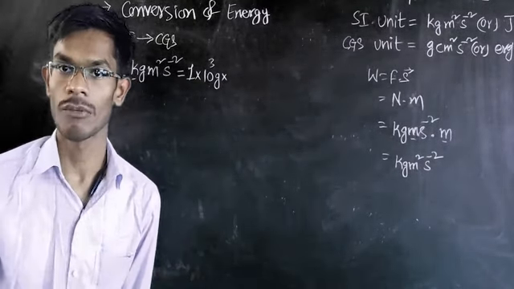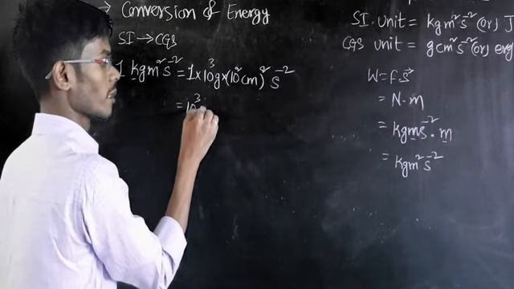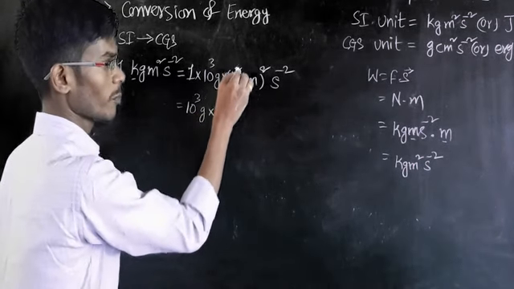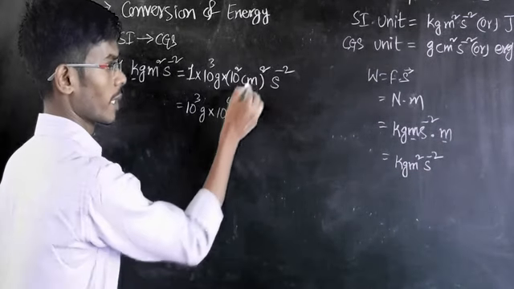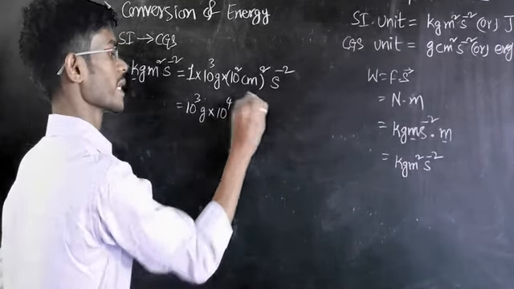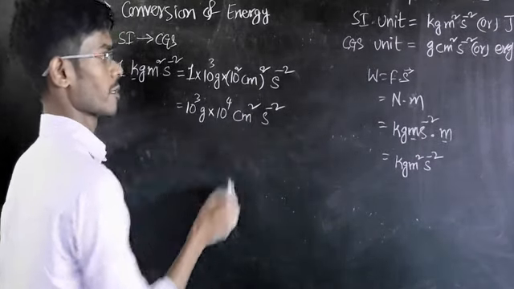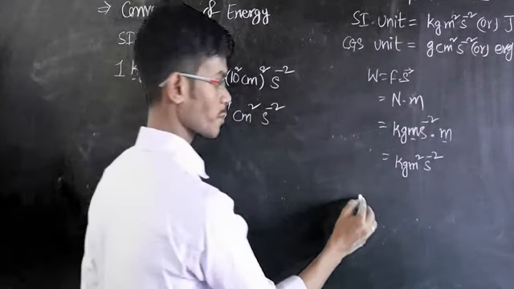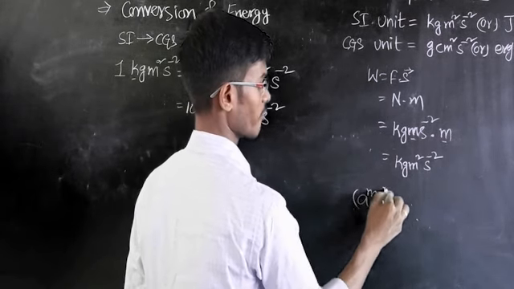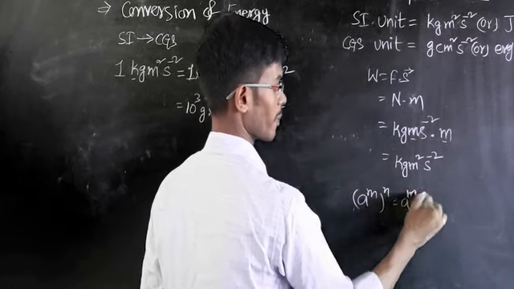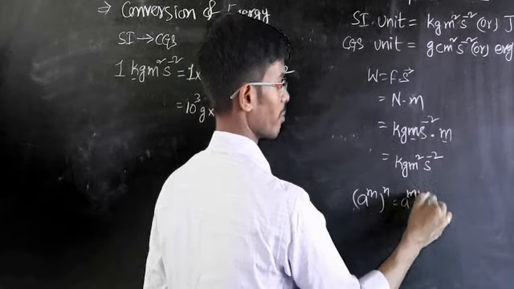Then if you simplify, 10 power 3 gram into 10 to the power of 2 whole to the power of 2 is 10 to the power of 4, and this will be centimeter square S power minus 2. How I have written this is A power m whole to the power of n is equal to A power m into n.